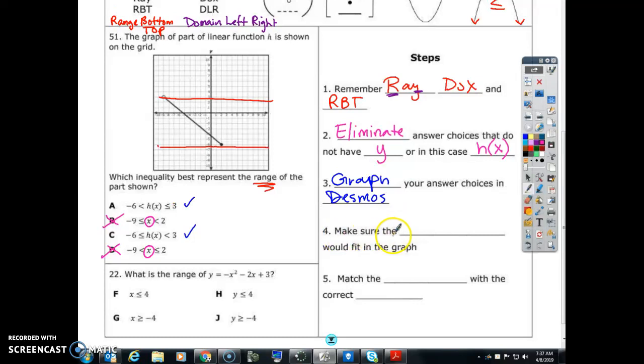Oh, so number 4, make sure that the shaded region would fit the graph, and that's what I was talking about. Make sure that when you graphed it in Desmos, that it looks like that. And then you also have to match the endpoints.